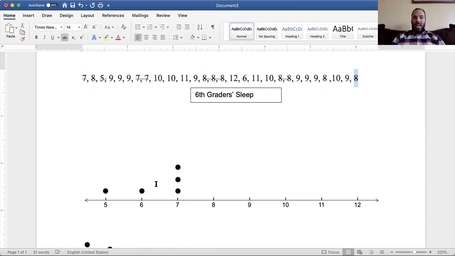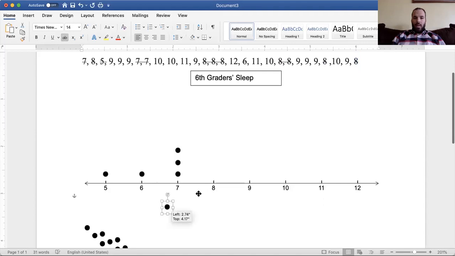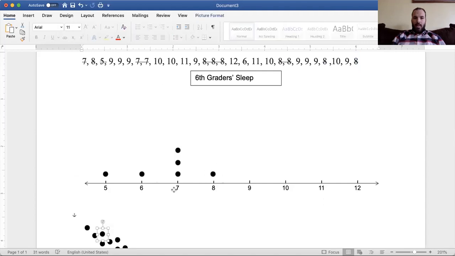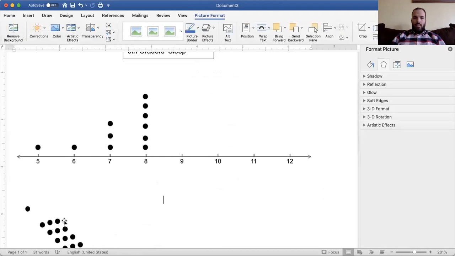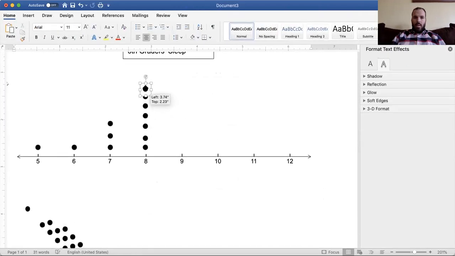So I'm going to have to put 8 dots above 8. 1, 2, 3, 4, 5, 6, 7, and 8.